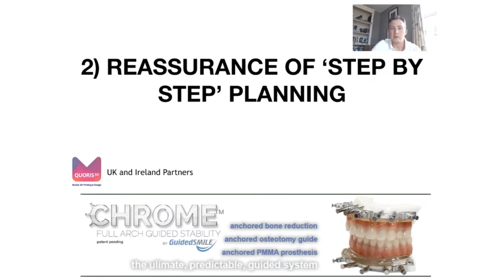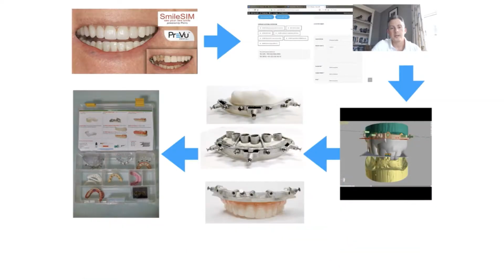The second big one is simply planning, and that is the reassurance of a step-by-step process. This is key and it starts right from the very beginning. Case selection is critically important and people already have been sending us cases asking if they are suitable.